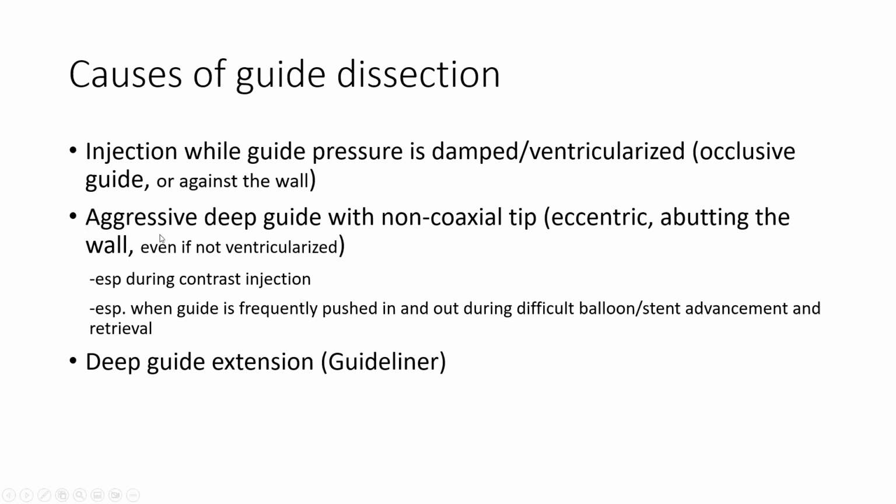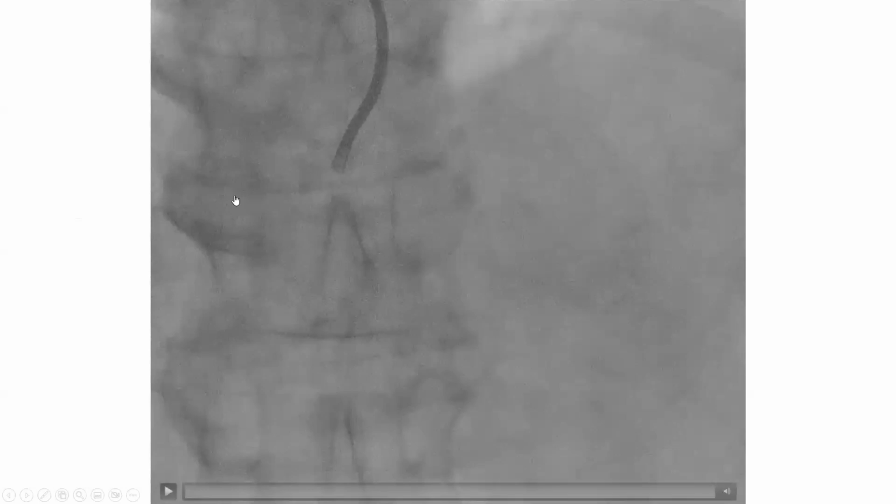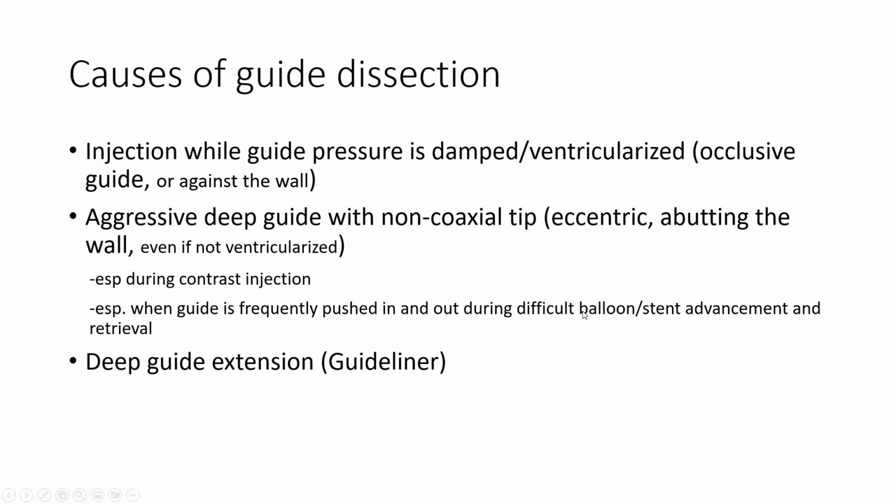Number two, you have an aggressive deep guide as we had here with non-coaxial eccentric tip abutting the wall, even if you're not ventricularized, especially during contrast injection, or especially when your guide is frequently pushed in and out and off and on, abutting and hammering that wall eccentrically during difficult balloon or stent advancement and retrieval. Third common reason is deep GuideLiner.